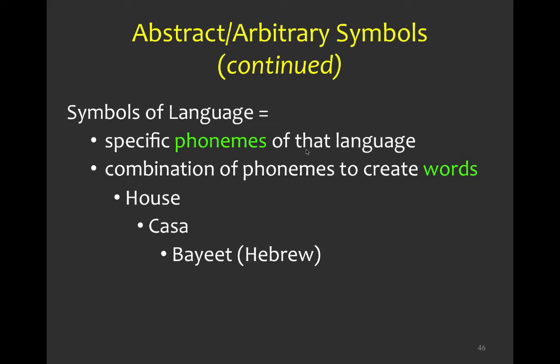So in summary, the abstract, arbitrary symbols of language are the specific phonemes of that language and the combination of those phonemes to create words. So the word house and the word casa in Spanish and the word bait in Hebrew all represent the same thing.